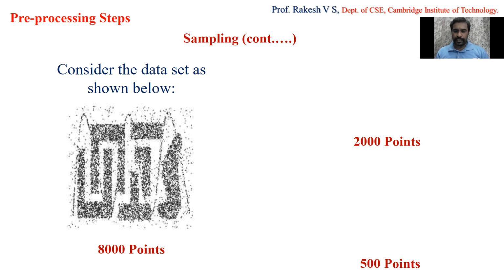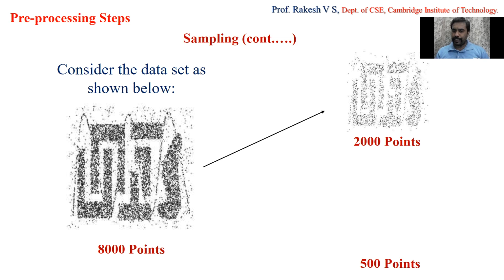Let us see what difference we get in these 2 samples and which sample will be the better one. Now, when I consider a sample of size 2,000 points, my data set will look like this, wherein I will be able to identify and make out a pattern similar to that in the original data set.